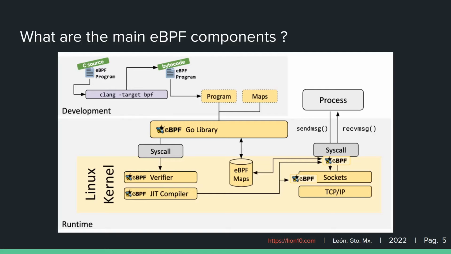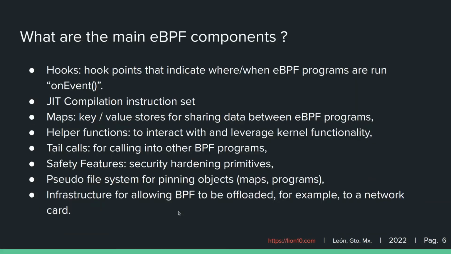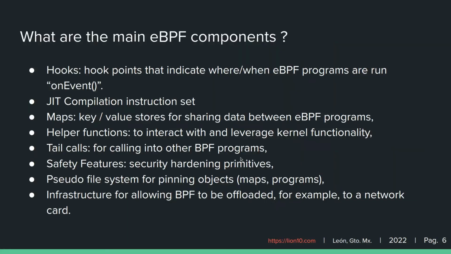Here you can set up the hook point to be at any part of the stack. You can have it here between the system call and the Linux, or after the system call. So there are different hook points where you can attach your program.